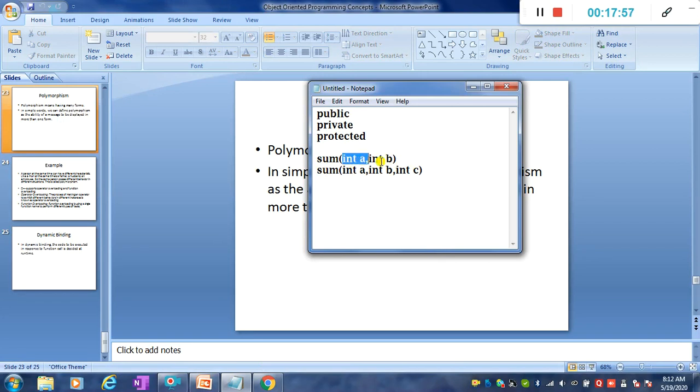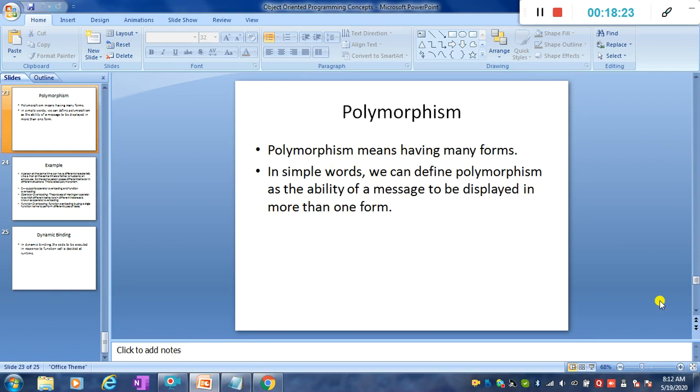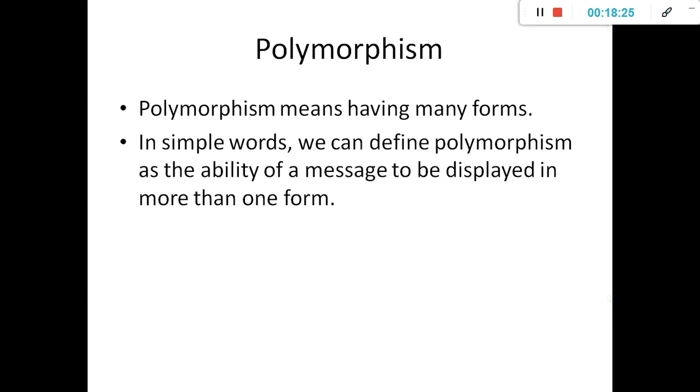Here we are passing two numbers, here three numbers, or I can have the same function where we are passing float values. So we are overloading the function sum. The name of the function gets overloaded and the parameters are different. This is an example of function overloading.